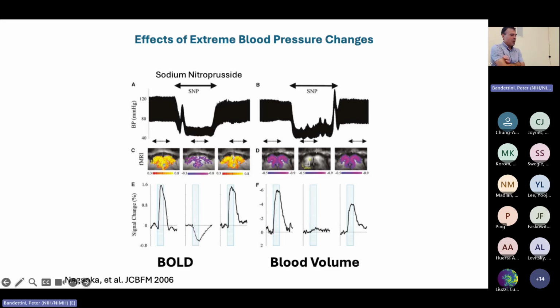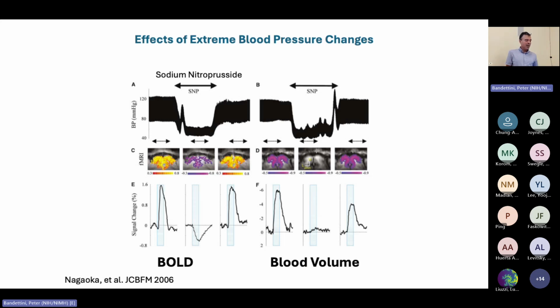So anyway, the last thing I want to talk about, just for illustration purposes, circling back to the neurovascular coupling thing that I was talking about, is what happens if you actually change the blood pressure such that there was hardly any flow response.